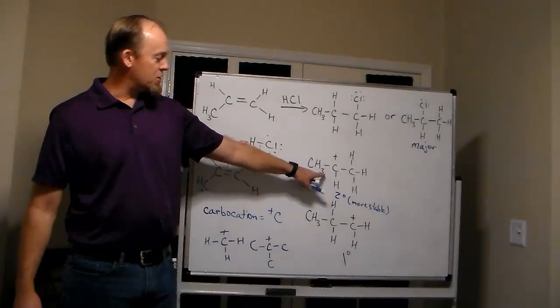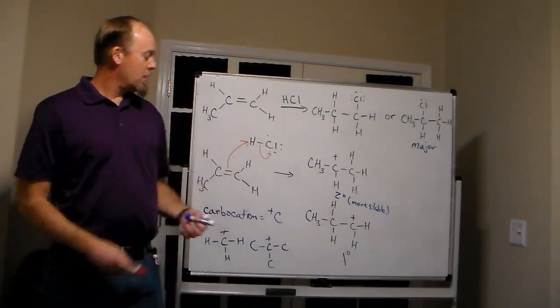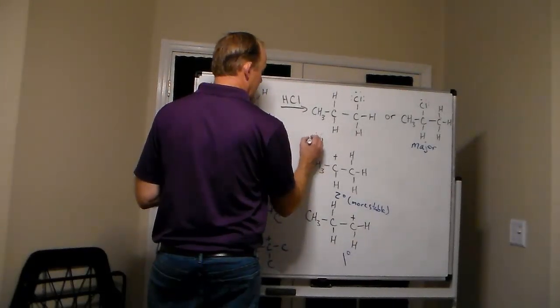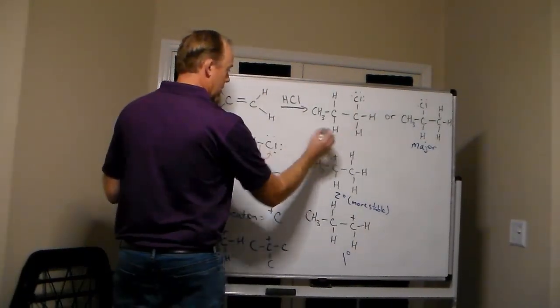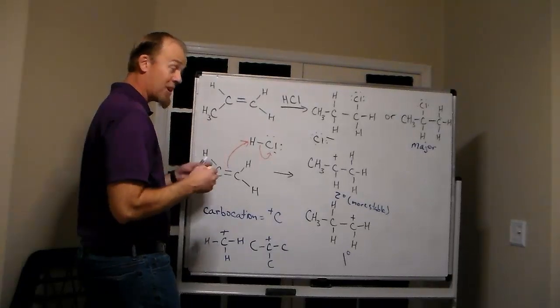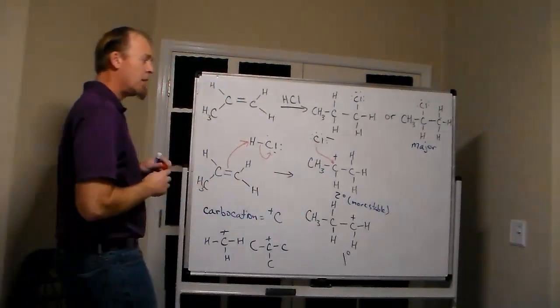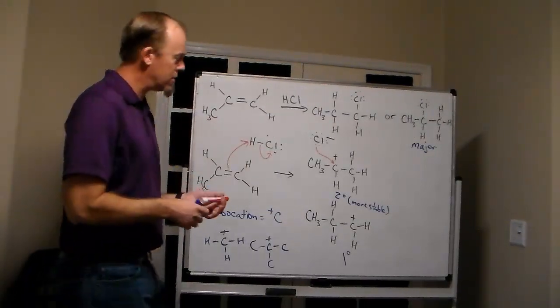So if this one is made in preference to this one, then my chlorine, which is electron rich, remember, because it's got lots of electrons, is going to attack that carbon.